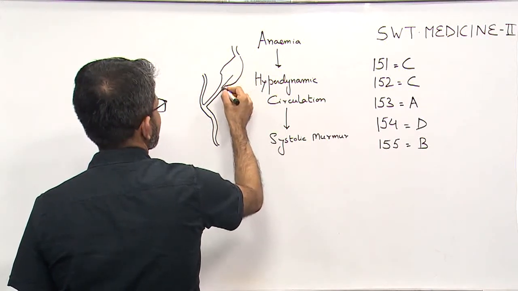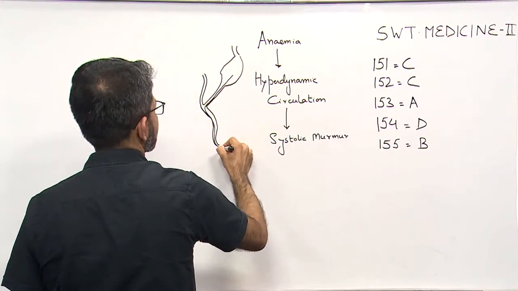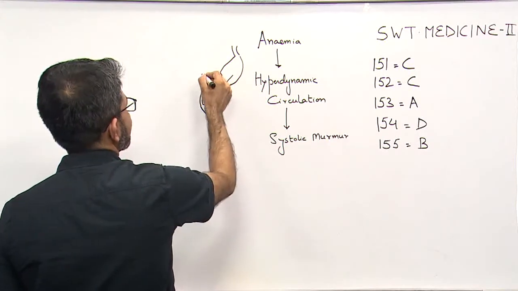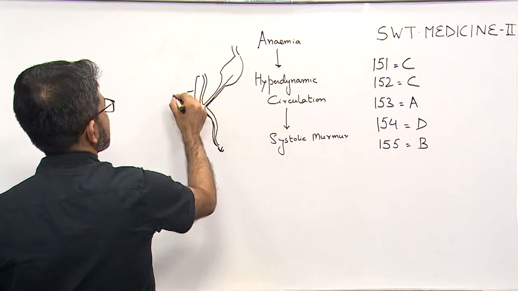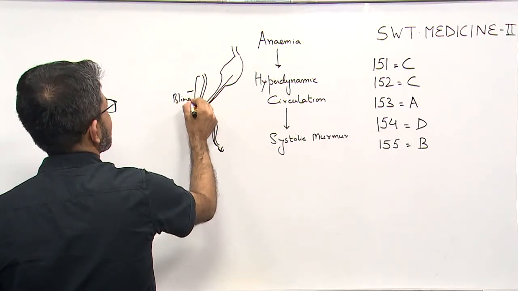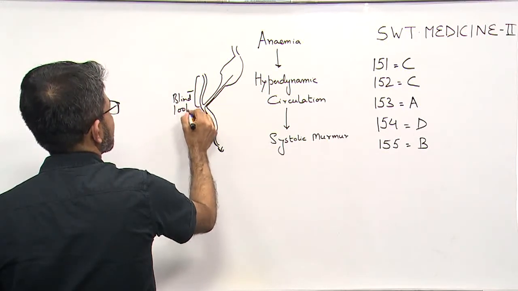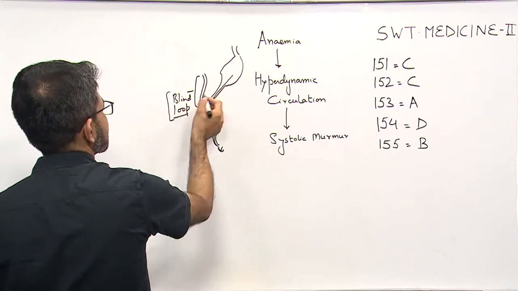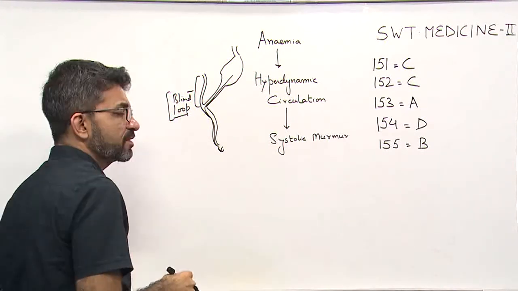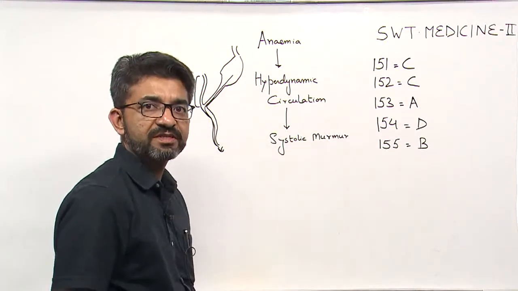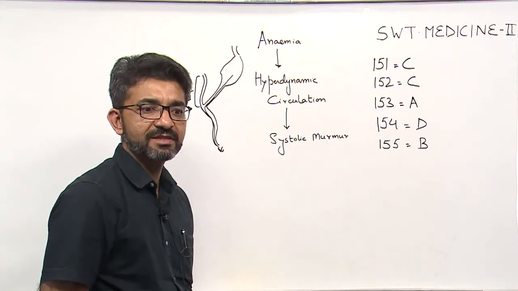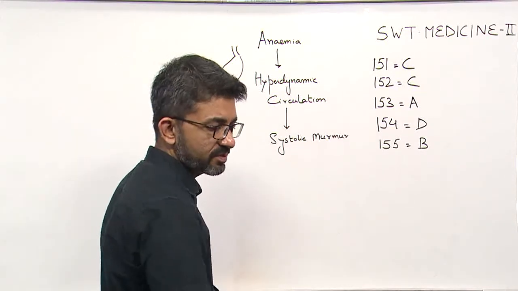So, the passage of food is here to here, this way. This is the blind loop, and it acts as a reservoir for bacteria. So, bacterial overgrowth occurs and there is lack of vitamin B12.